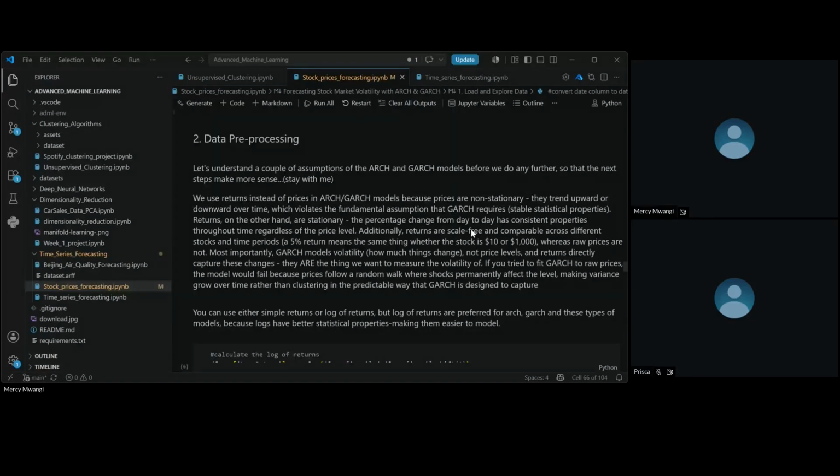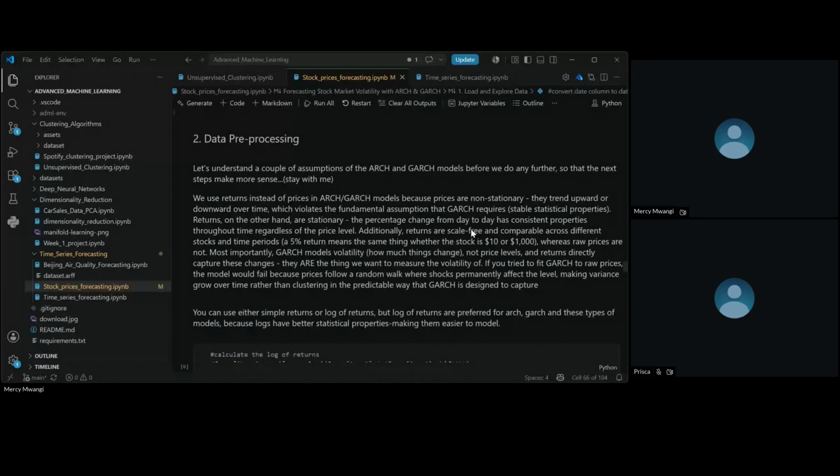Here is data preprocessing. Now, the data preprocessing for ARCH and GARCH is a little bit different from our ARIMA and AutoARIMA. And it's because in ARCH and GARCH, you are modeling the change in return, right? You're modeling the returns.